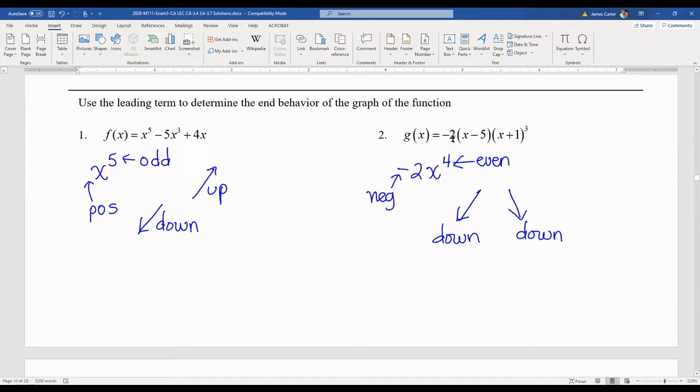In this case, a is negative, and my leading term would be x to the fourth. So even. So even, I'm going to have a W either up or down. And in this case, because the a is negative, it'll start down and it'll end down.